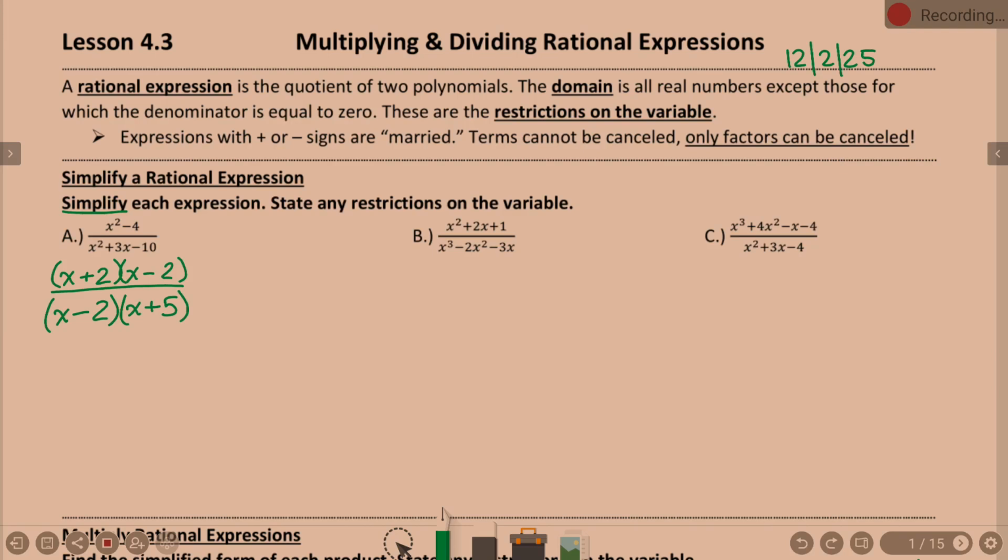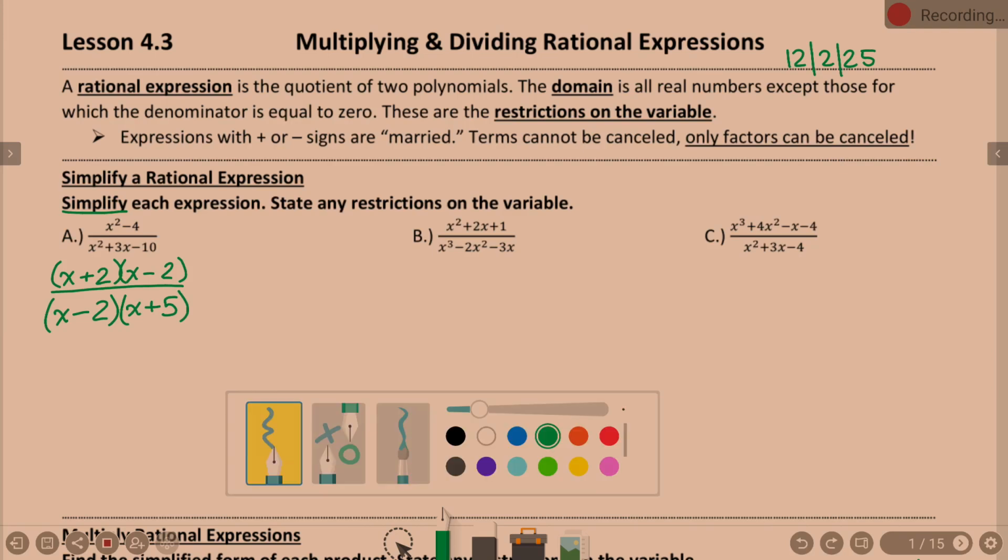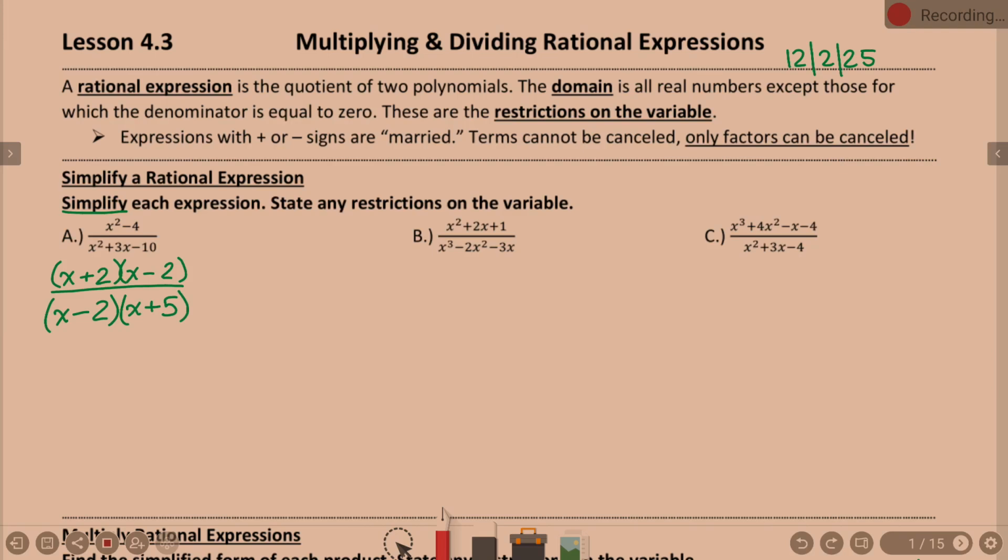Get everything factored out. Now, what do you notice here? On top and bottom, both involve a factor of x minus 2. So the rule is that one x minus 2 on top can cancel with one x minus 2 on bottom. We have an x plus 2 left on top and an x plus 5 left on bottom.